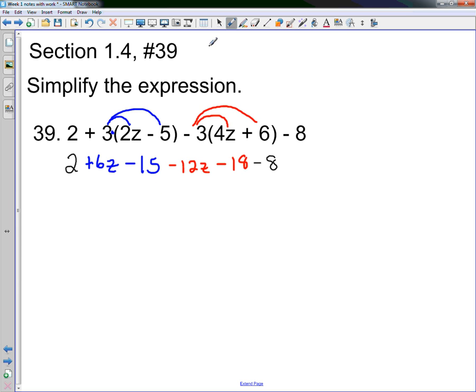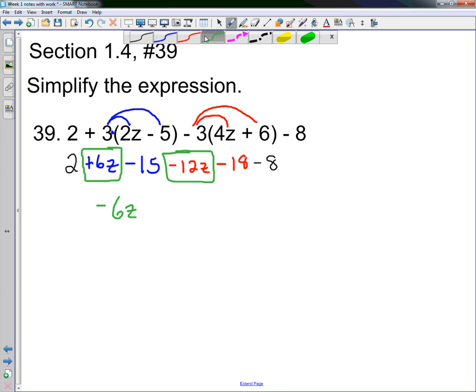And then we combine like terms. So I have a 6z and a minus 12z. Those are like terms. So that gives me negative 6z. Then I have a 2 minus 15 gives me a negative 13.